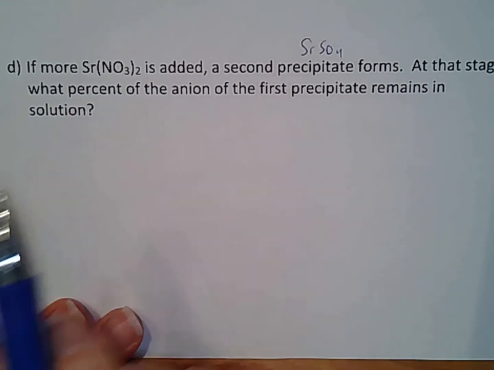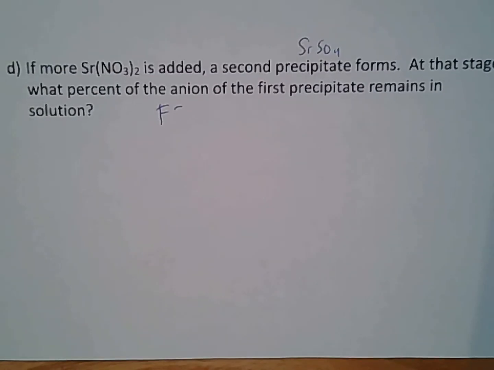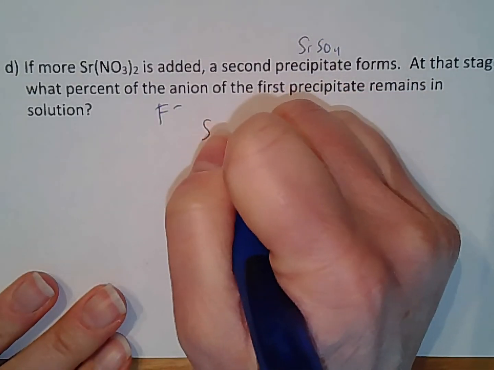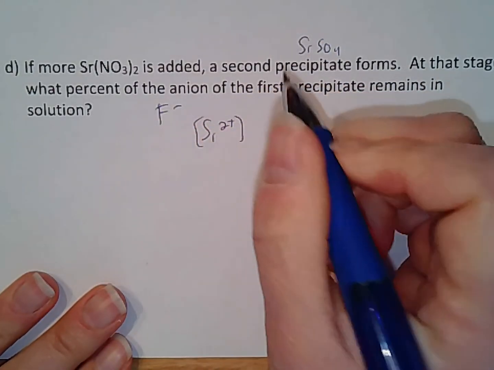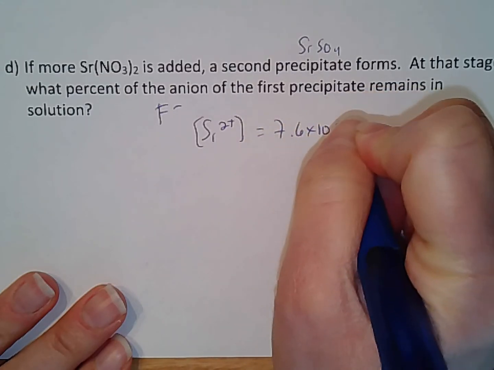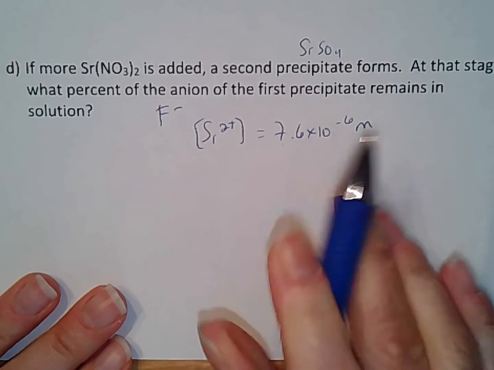So I'm asking about the F minus. What do I have in that solution once that second precipitate starts to form? I know I need to reach, for the strontium in the second precipitation, this mark. I need to get 7.6 times 10 to the -6 molarity. That is what we calculated here in this problem.